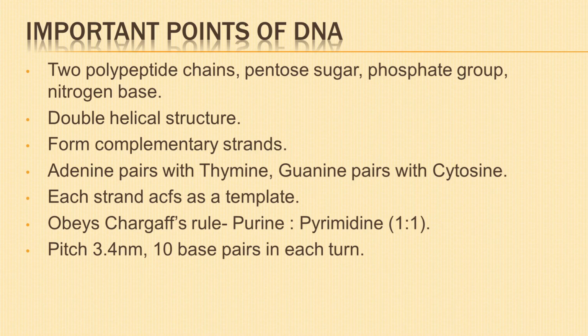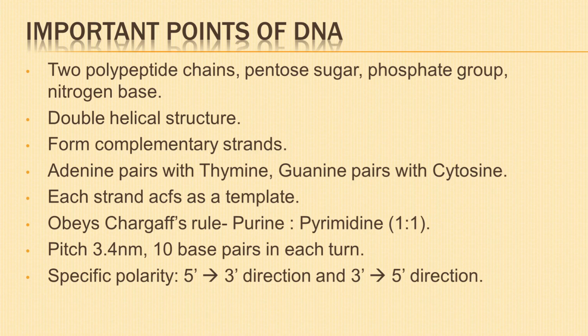The pitch of the helix is 3.4 nanometer and there are 10 base pairs in each turn. Each strand of DNA has a specific polarity. One end is 5' end and the other is 3' end. One of the strands runs in 5' to 3' direction while the other in 3' to 5' direction.